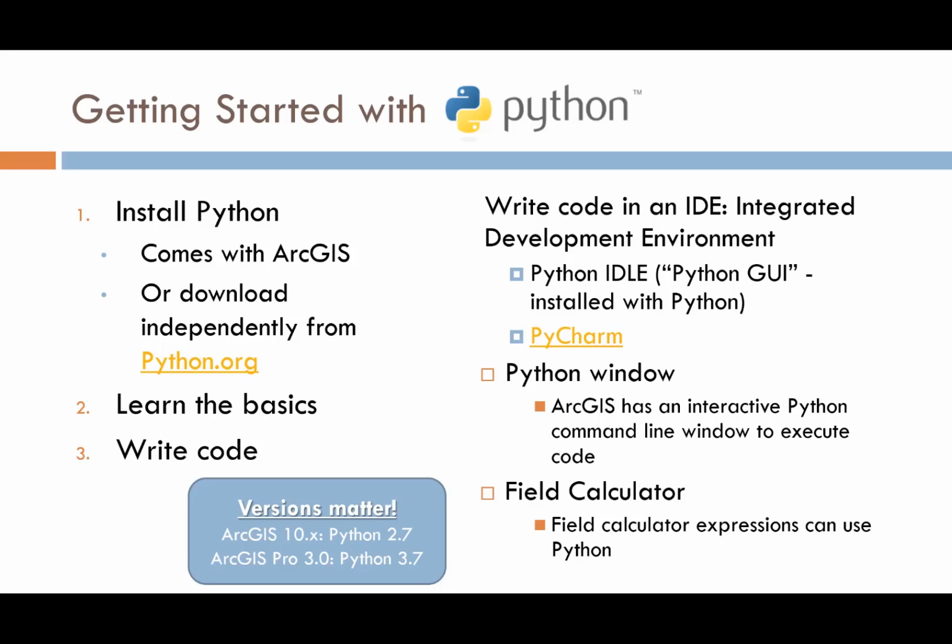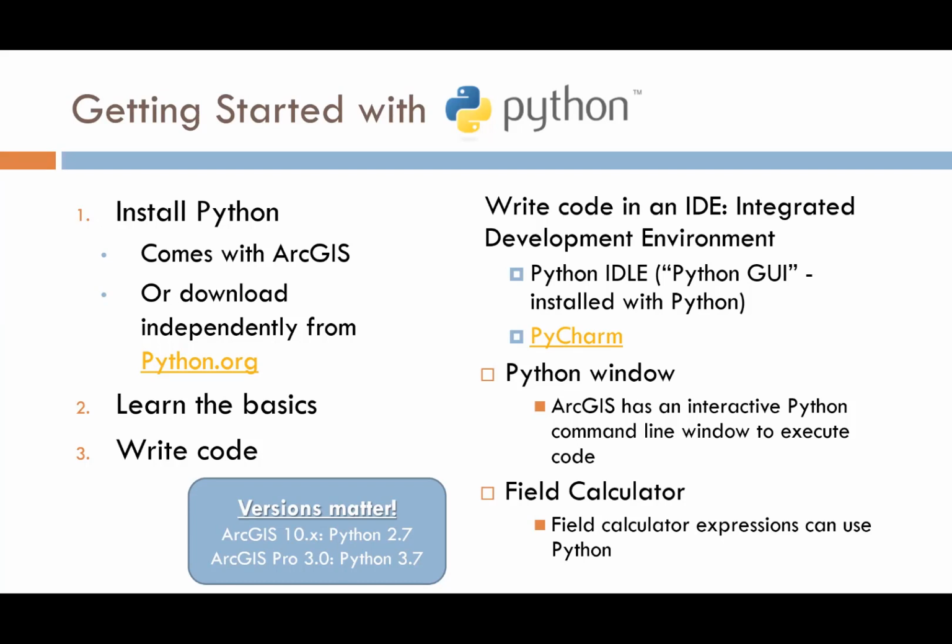There was a machine that I was on that was telling me 3.9, and I'm not sure if that was coming from Pro or somewhere else. But if you're on ArcGIS Pro 2.9, it's using Python 3.7. ArcGIS Pro 3 might actually be using version 3.9.